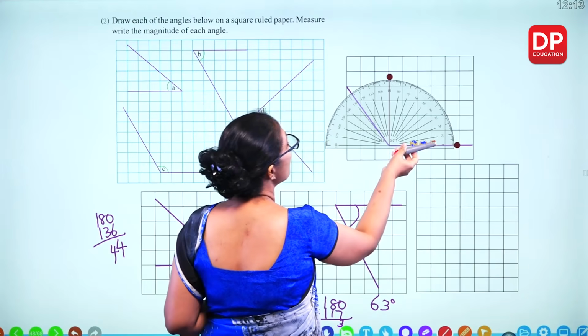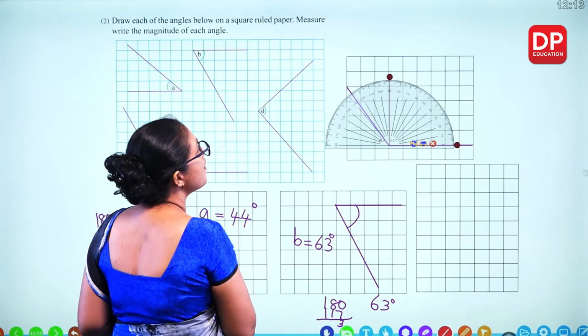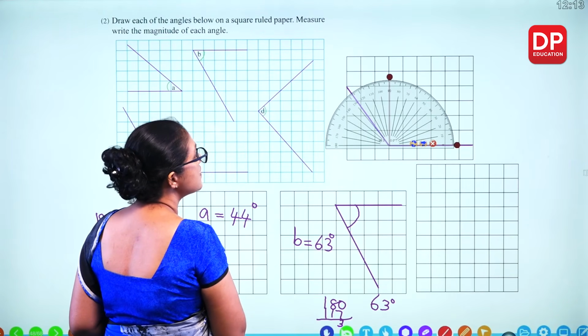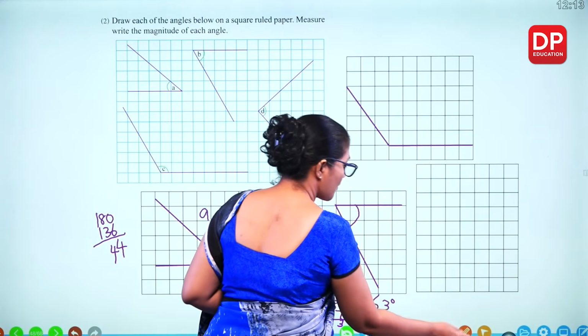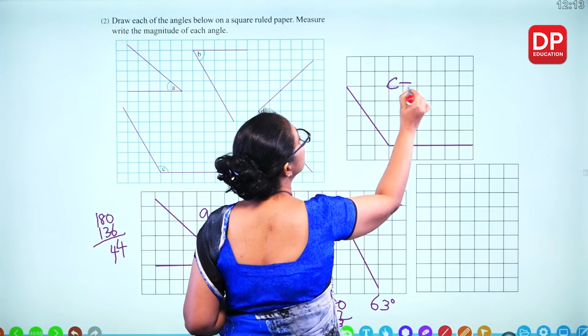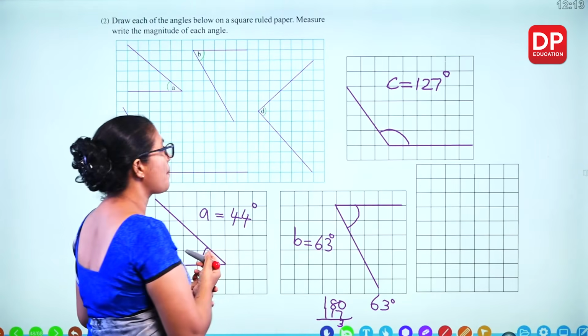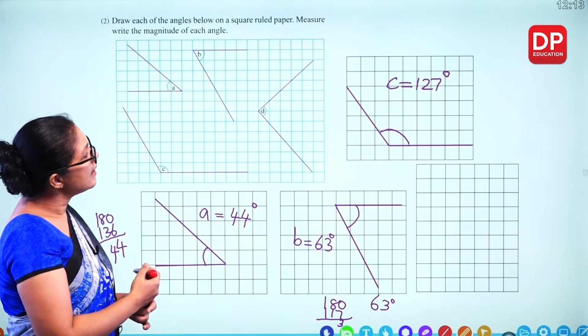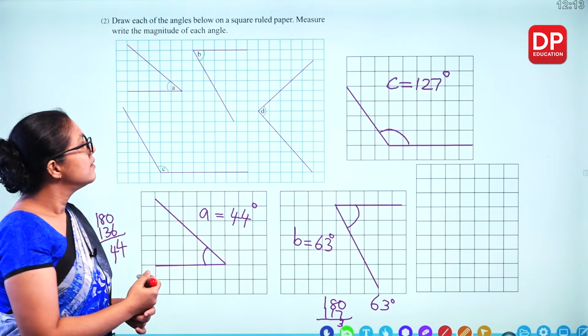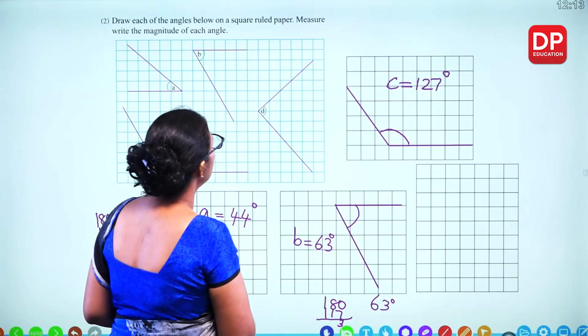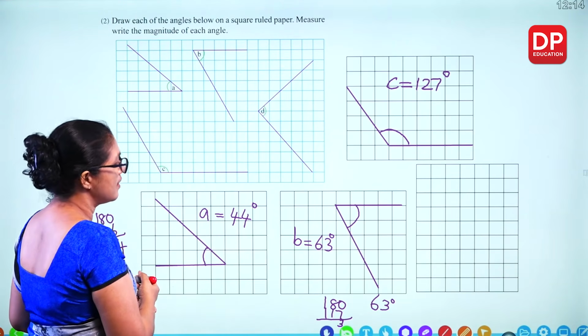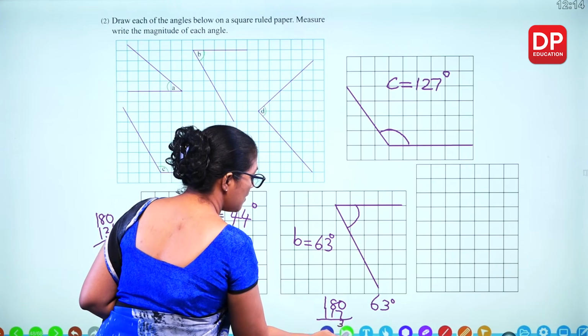So I'm getting from here to here 127 degrees. And the D angle, again, that's like 90 degrees. We'll measure and see.